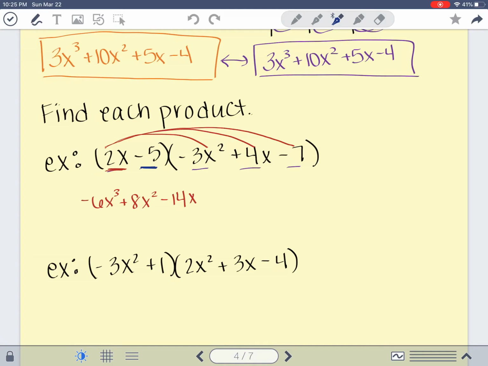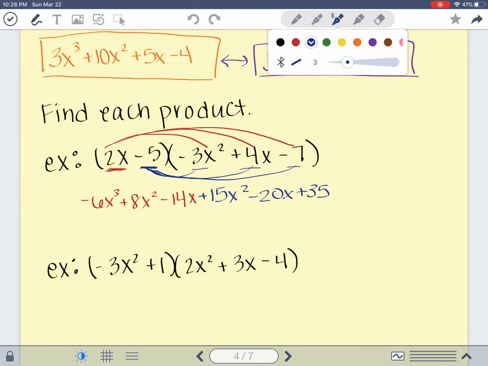We still have our second term to multiply by everything. So negative 5 times negative 3x squared, I get a positive 15x squared. Negative 5 times 4x gives us a negative 20x. And then negative 5 times negative 7 gives us a positive 35.